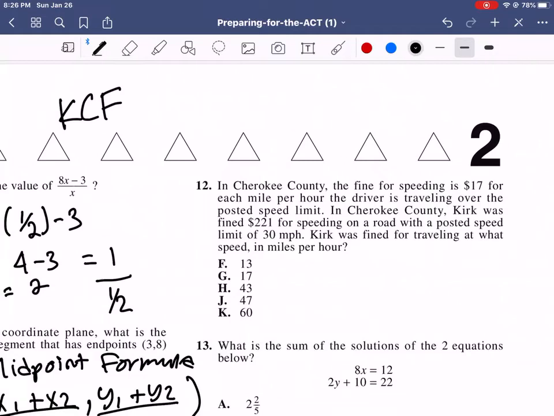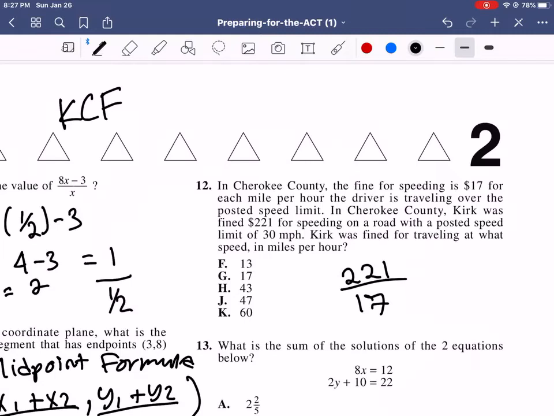In Cherokee County, the fine for speeding is $17 for each mile per hour the driver is traveling over the posted speed limit. In Cherokee County, Kirk was fined $221 for speeding on a road with a posted speed limit of 30 miles per hour. Kirk was fined for traveling at what speed in miles per hour? So what I would do is divide 221 by 17.